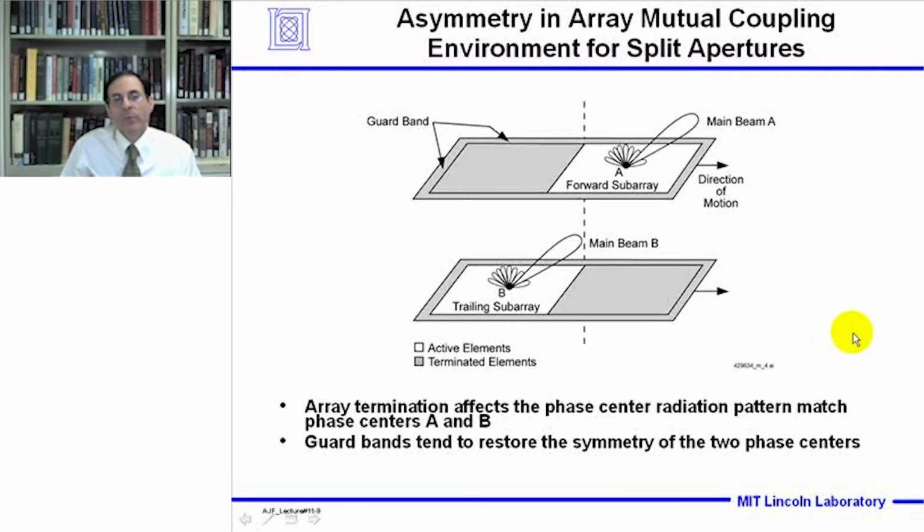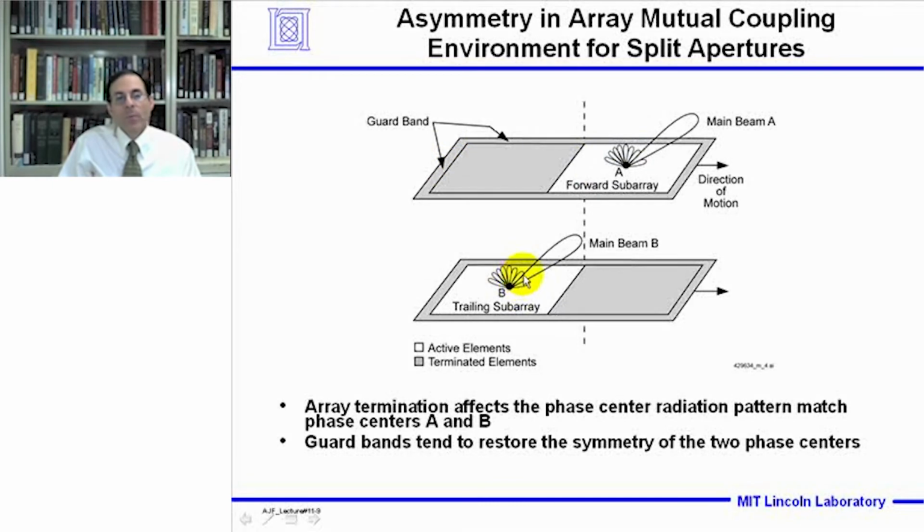Now due to array mutual coupling and asymmetry, the DPCA performance can be degraded. And what we're showing here is that if we have a large array and here's the direction of motion to the right. If we form a main beam on subarray A on the right, there's a large number of passively terminated elements on the left.